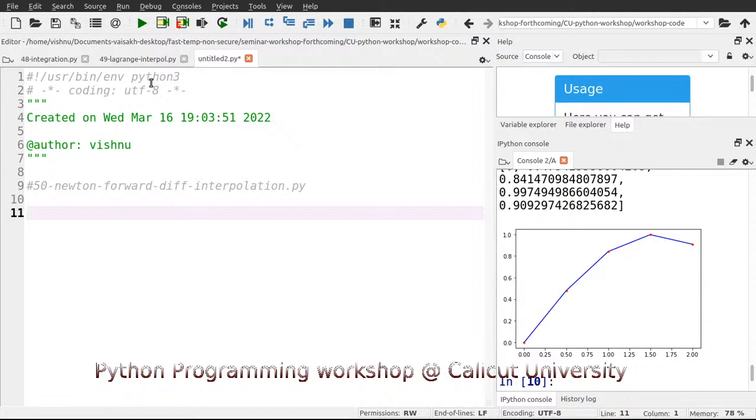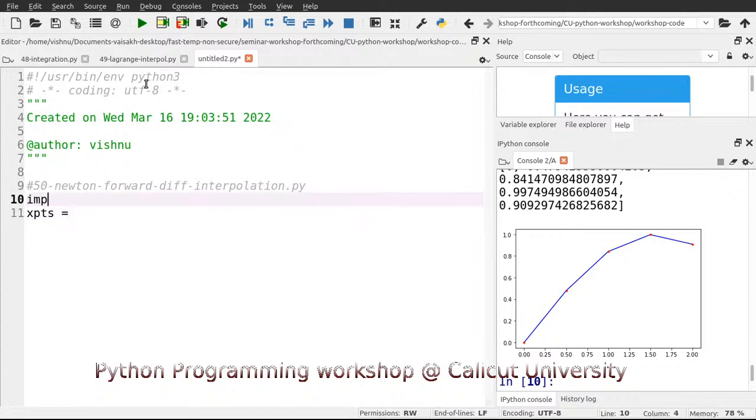If you already have a list of x values as well as y values, then we can straight away use that. But if you do not have any values, for understanding how the technique works, we need to create some x values as well as y values. So if a familiar function is there, you can make use of that. That's it. So x points as in the previous example.